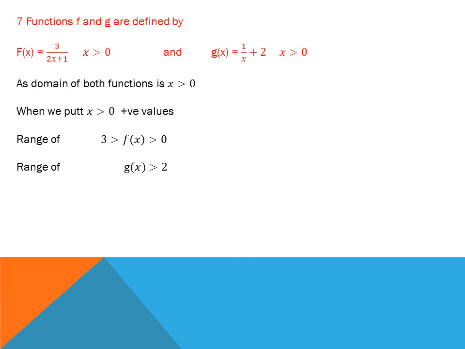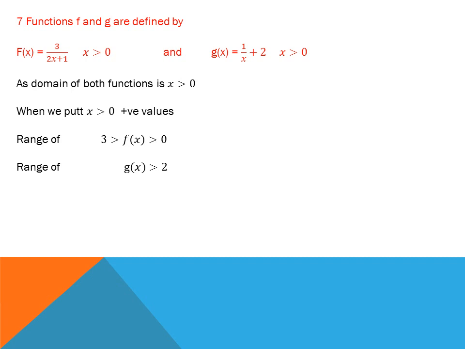He is asking about the range. As the domain of both functions is x greater than 0, we put positive values of x. It means we apply values in the first function f of x, such as 0.1, 0.2, 0.3, 0.4 or 1, 2 and 3, whatever else. So when we applied positive values in function f of x, I found that the range of f of x is greater than 0 but less than 3, because the numerator should not be greater than 3 but the denominator will become greater, as we are applying only positive values.